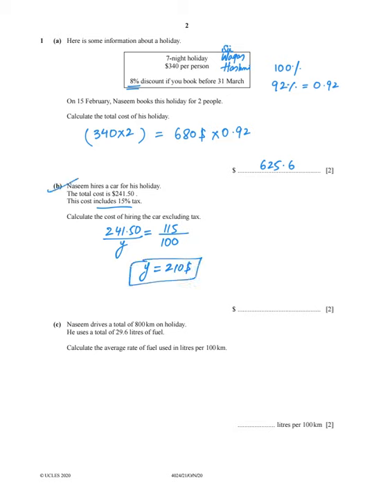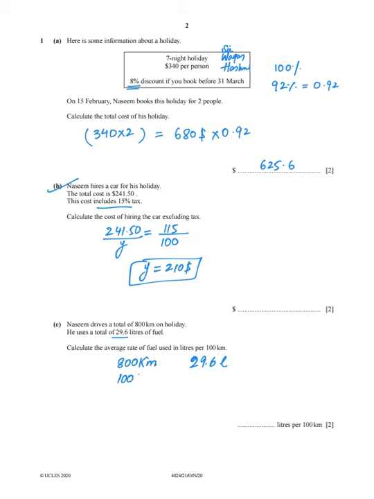Part B answer. Next one, Asim drives a total of 800 kilometers on a holiday. He uses a total of 29.6 liters of fuel. Calculate the average rate of fuel used in liters per 100 kilometers. So if he is traveling 800 kilometers, the amount he uses is 29.6 liters.